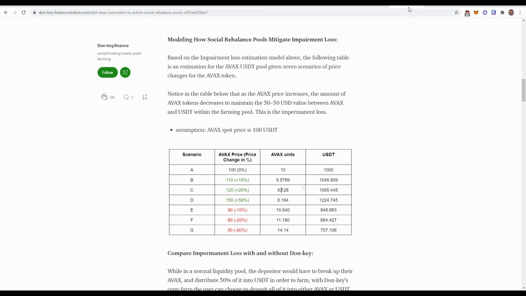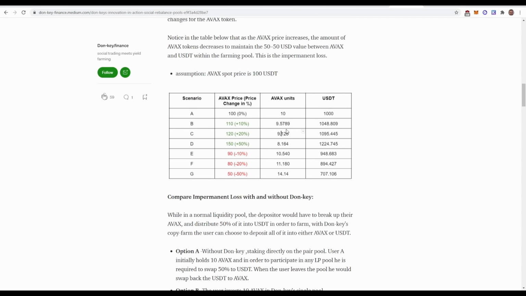So what does impermanent loss look like in this example? You would pool USD and AVAX in a 50-50 ratio, and we are assuming here that the AVAX spot price is 100 USDT. So let's say AVAX rises 10%. You would not have 10 AVAX anymore, but you would have more USDT.